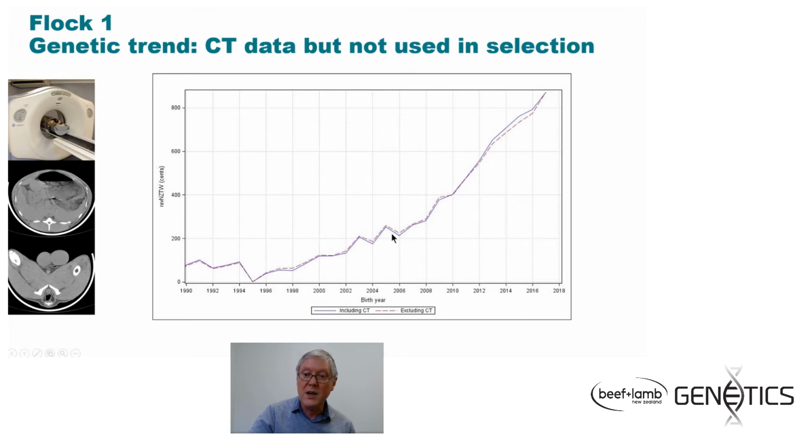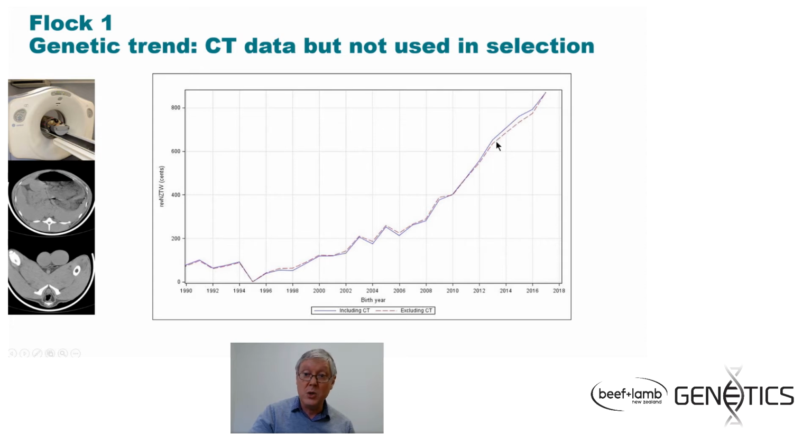And while there are times when one line is a little above the other or vice versa, in actual fact there's been no difference that's been made in this flock. So back in the 1990s, they were around about 100 index points. They've gained through here as they've made genetic progress, but in 2017 they're at exactly the same point at around about 850 index points.